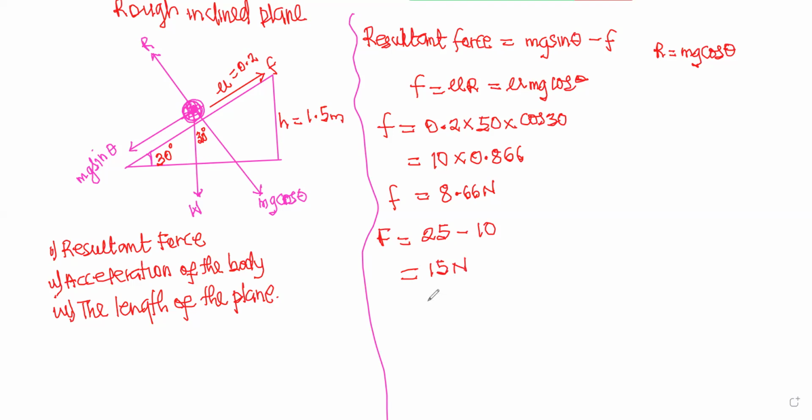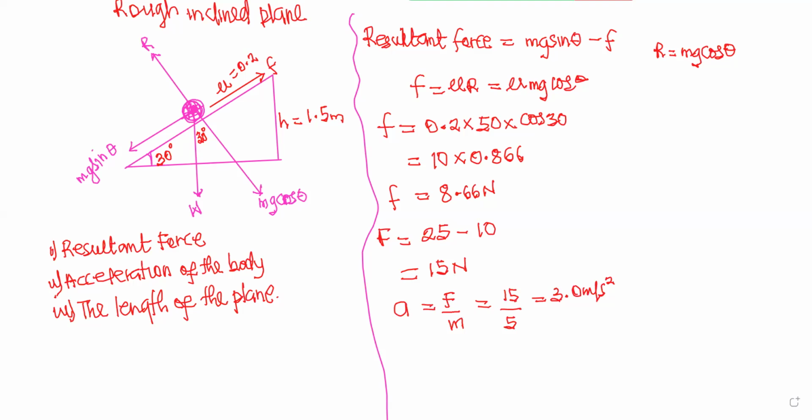If the resultant force is this, then the acceleration, which is equal to F over mass, would be 15 divided by 5. And that is 3.0 meter per second squared.